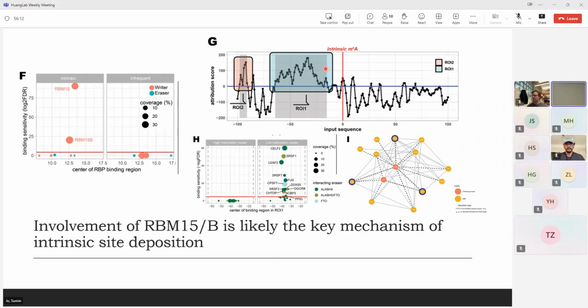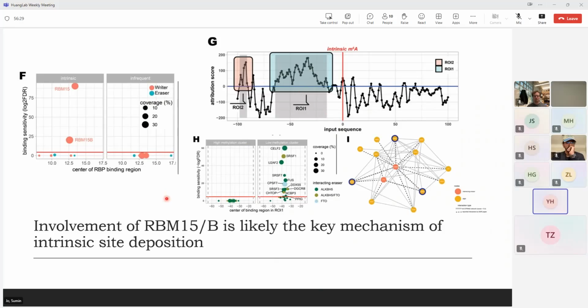We actually examined the sequence level up to plus minus 150 base pair across all the intrinsic sites. Suming, I just want to clarify that.